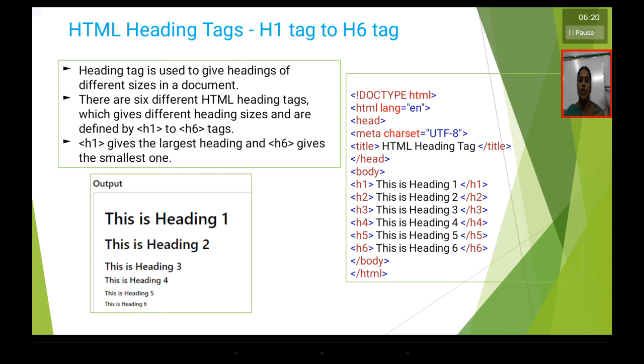It is black by default. These are the heading tags. In this example, I have given H1, H2 up to H6. All these show that each and every font is reduced. So we can write our default headings like this.